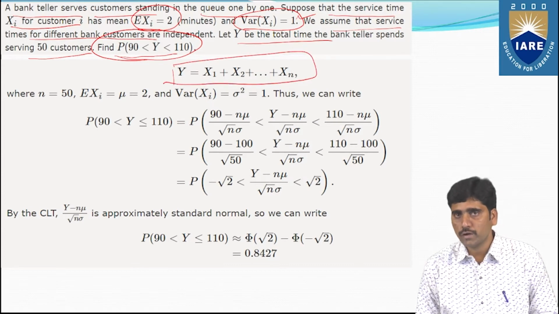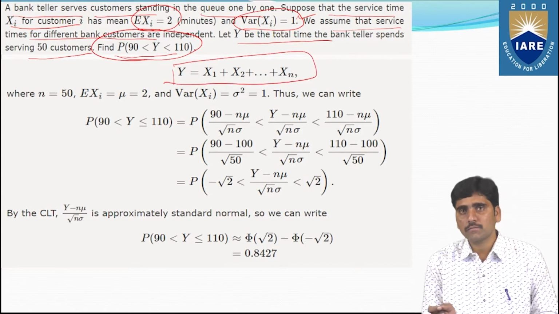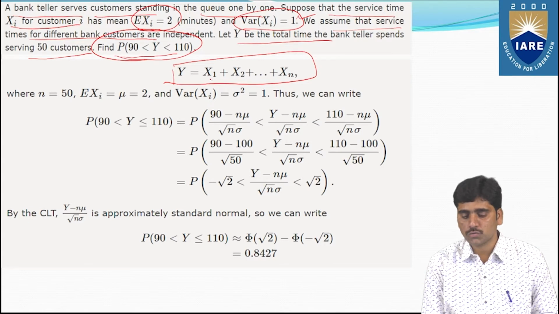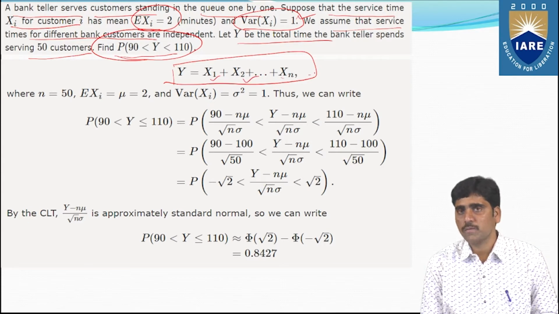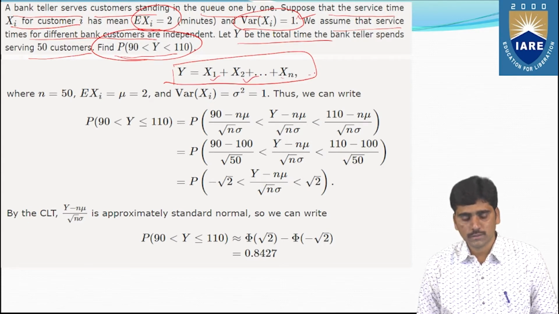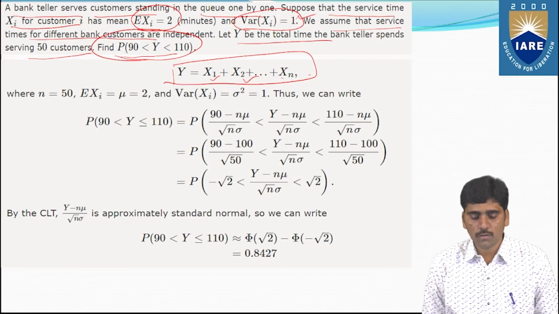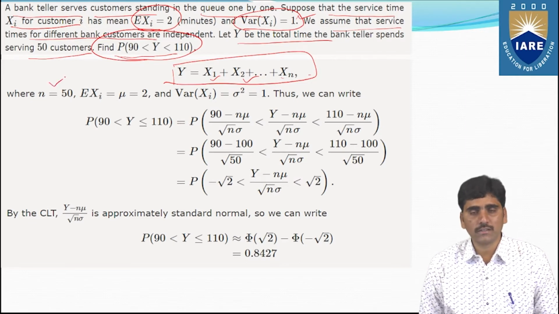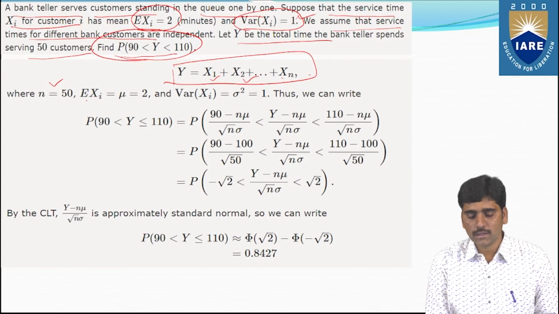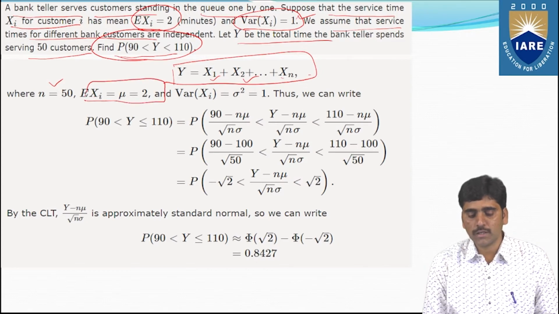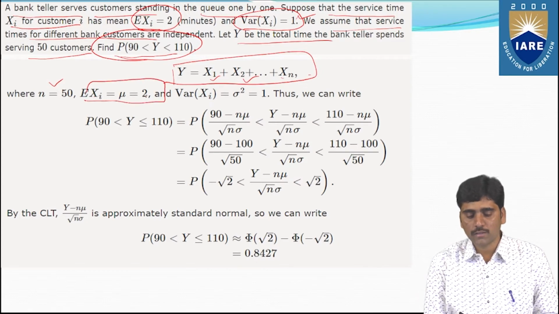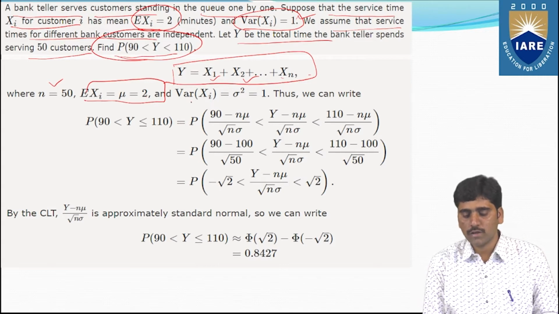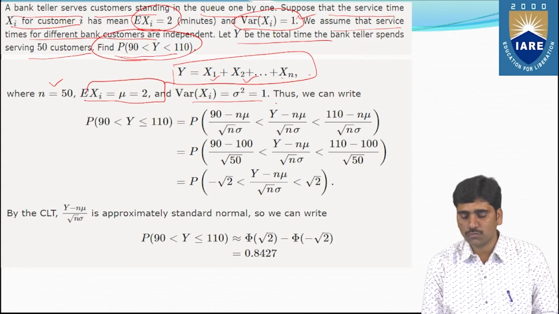Y equals all the random samples added: X1 plus X2 plus X3 up to Xn. From the given problem, n equals 50 customers, the mean is 2 minutes, and the variance sigma squared is 1.